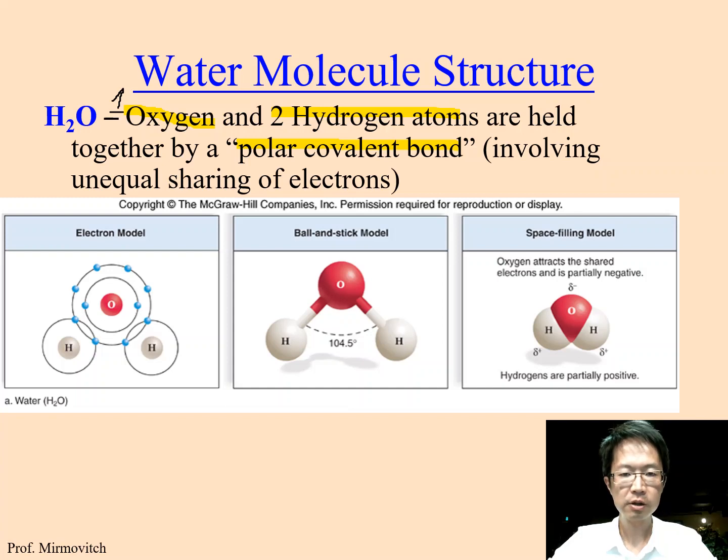Because of the polar covalent bond, remember the analogy I told you last time, the high school bullying. Oxygen is large, so oxygen bullies the hydrogen atoms and takes all their lunch money, aka the electrons. It takes all the electrons close to itself, making itself slightly negative, so that the weak hydrogen atoms become slightly positive.